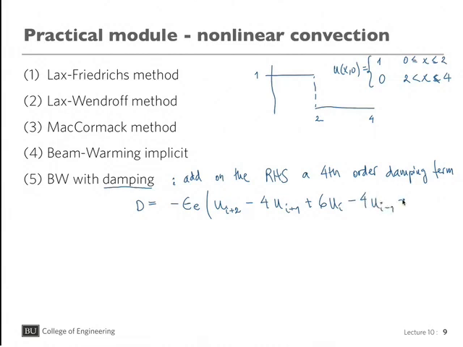So it's a 5-point formula plus u at i minus 2. All of these at n. You can see that this is a consistent difference by the trick we discussed last class. 6 plus 1 plus 1 plus 4 plus 4... 6 plus 1 plus 2, that's 8, minus 8, 0. So the sum of all the coefficients of this finite difference equation is equal to 0, like it should be.